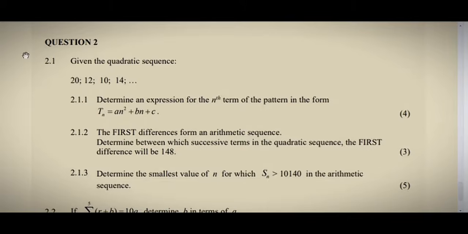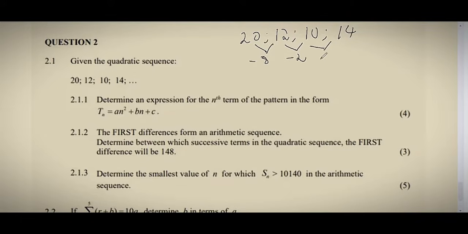Now, the last question that we have here for the day says we are given the quadratic sequence 20, 12, 10, and 14. Now they say determine an expression for the nth term of the pattern. So we already expect that to be the first question. So that's -8. And then here we have -2.